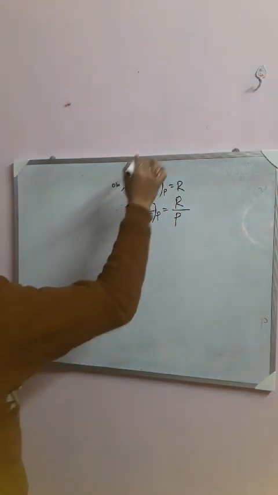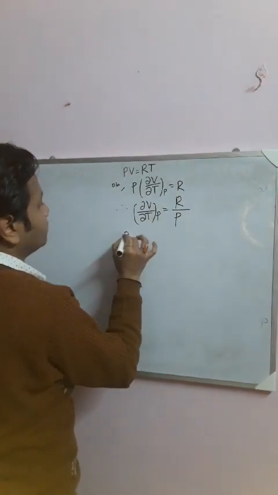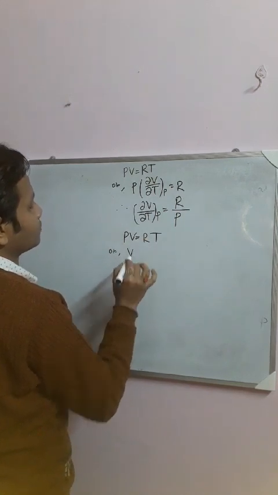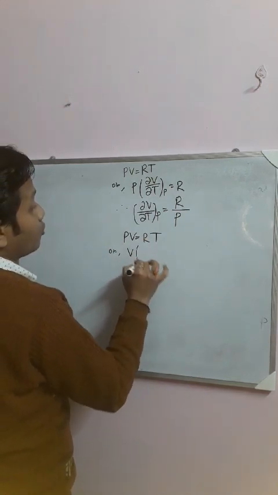Now again write down PV equals RT. Differentiate this relation with respect to T, keeping volume constant.